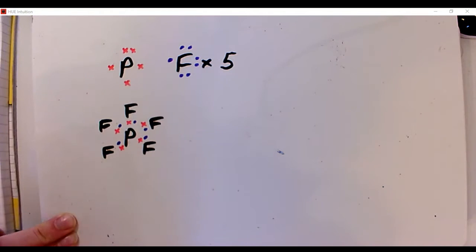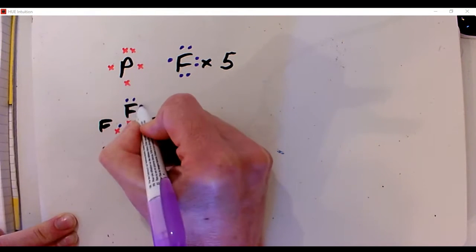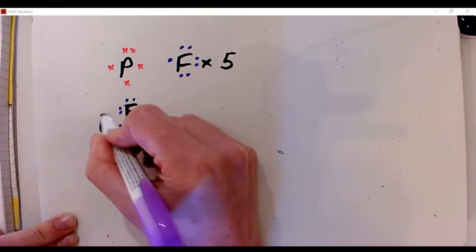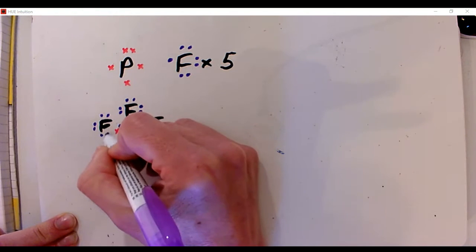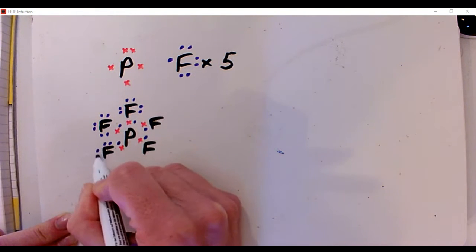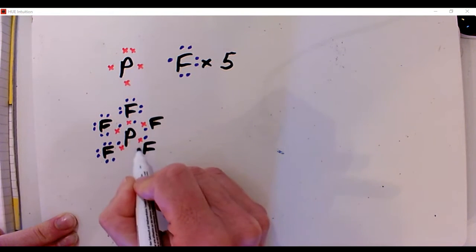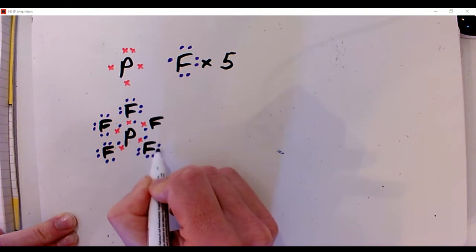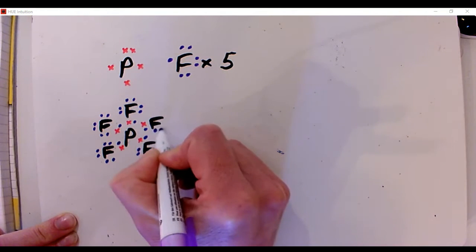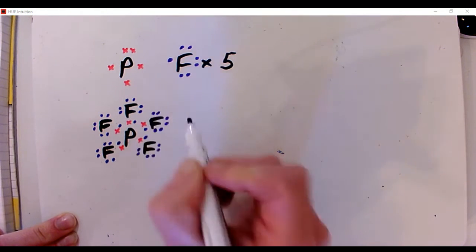The fluorines do have 8 electrons in their outer shell. That's generally the case for the outer atoms in a molecule. They'll tend to obey what's called the octet rule, having 8 electrons in their outer shell, and the central atom will be the one that doesn't.